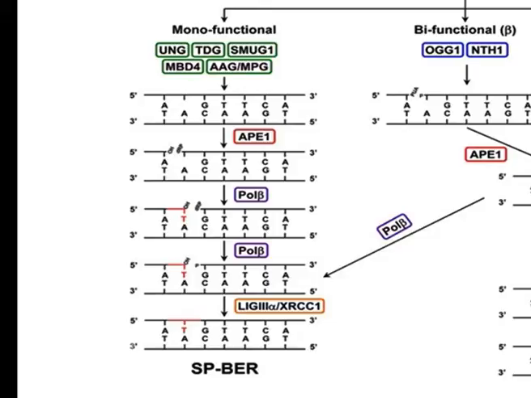The presence of X-ray repair cross-complementing group 1, or XRCC1, is necessary to form a heterodimer with DNA ligase 3, LIG3. XRCC1 acts as a scaffold protein to present a non-reactive binding site for Pol beta and brings the Pol beta and Lig3 enzymes together at the site of repair.